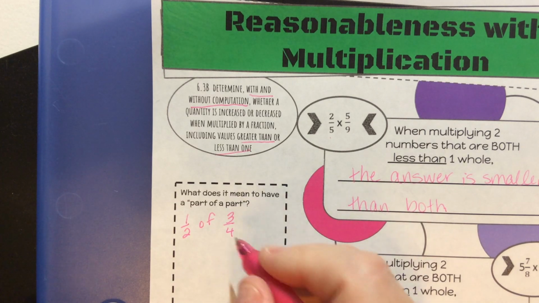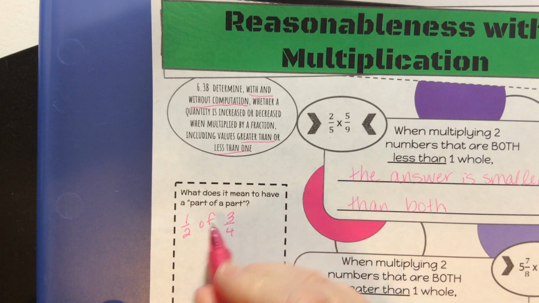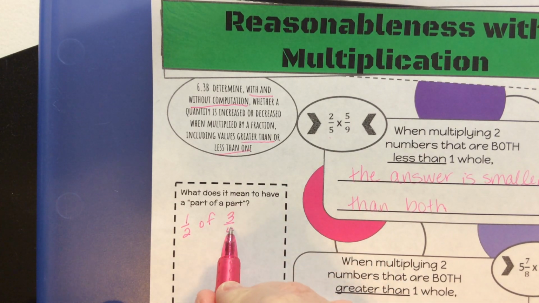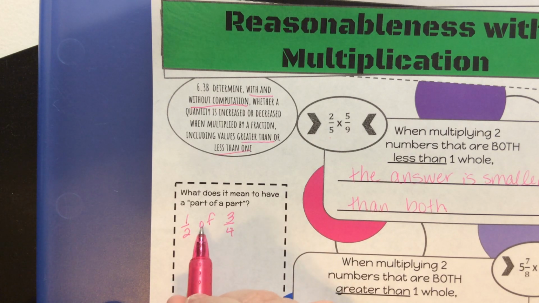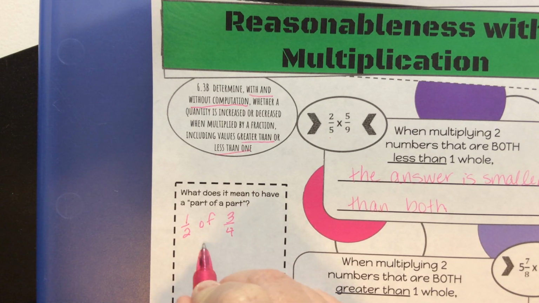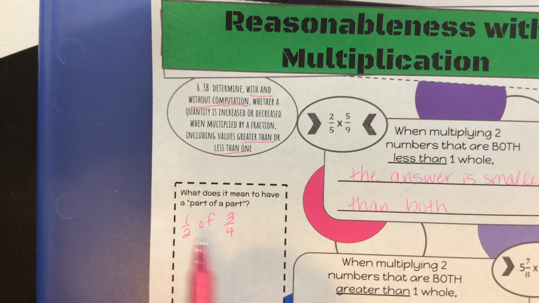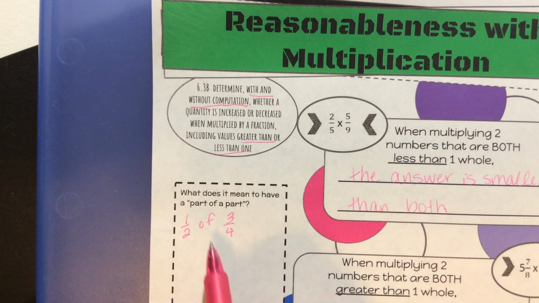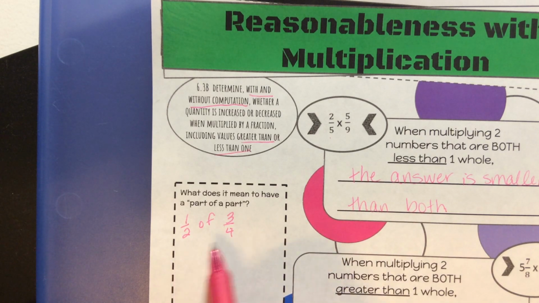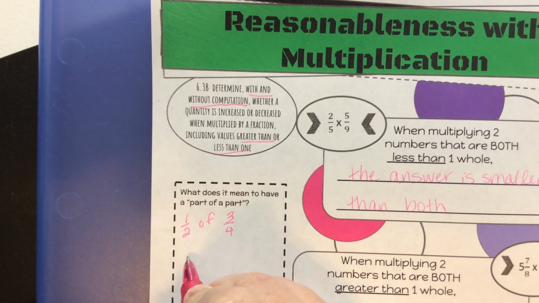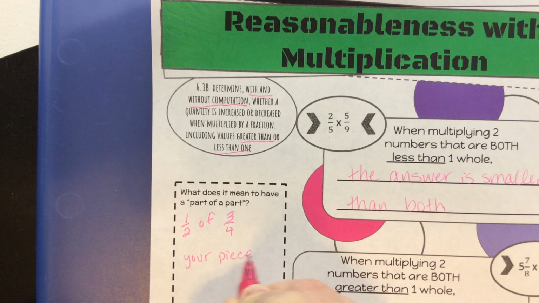What you have left is going to be even smaller, right? A part of a part. That means it's a fraction times a fraction, and your answer is going to be less than a half. Okay, because he's only getting half of your 3/4, so you're going to have less than both of them. Your piece gets smaller. We'll write that down like that.